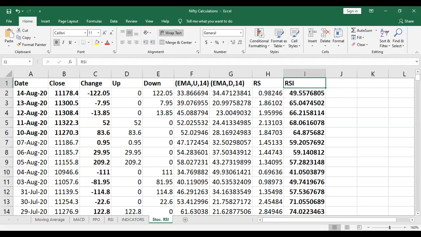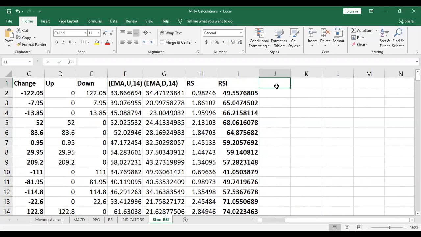Now we are adding two more columns to it: one is percentage K and another is percentage D. Now percentage K is calculated from this RSI number.